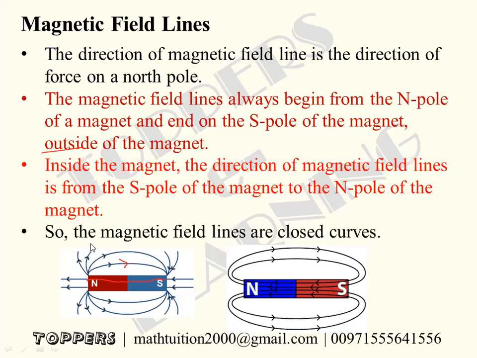Now, the magnetic field lines are closed curves. If you take this line, outside it starts from north and goes to south. Inside, what's happening? It is from south to north. So completely it is a closed curve.